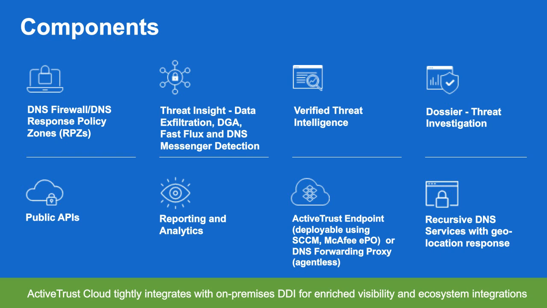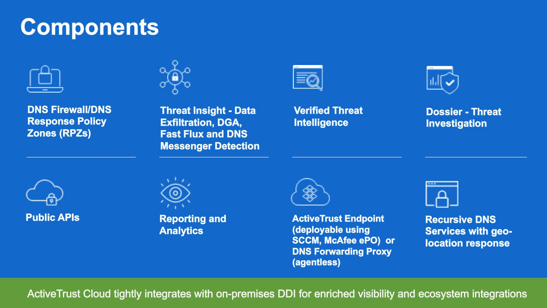Public APIs. We believe that working together as an ecosystem is important, right? There's no silver bullet for security, as everybody knows. But when networking, security, DNS, and traditional security tools work together, you can get a much better ROI on the investments that you've already made in security tools, and also get a lot of information around DNS indicators of compromise.